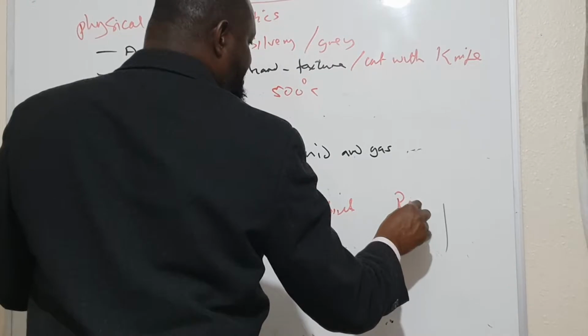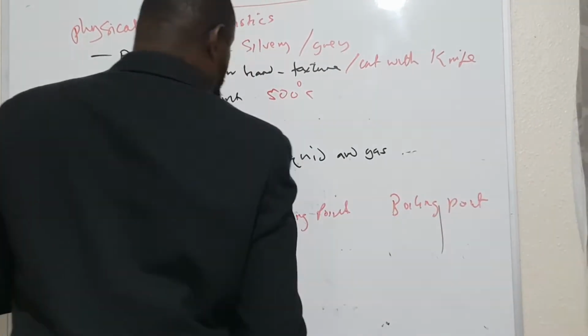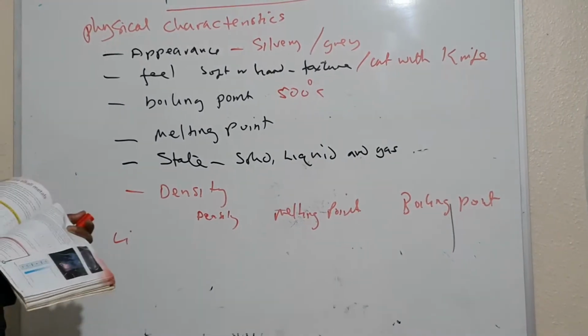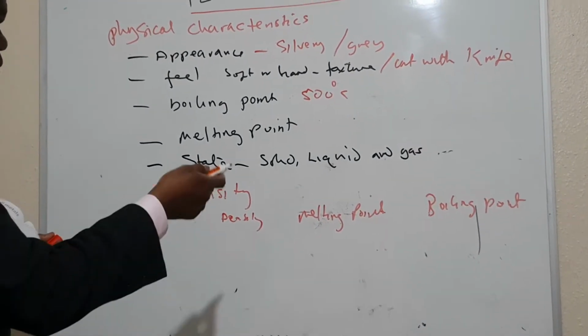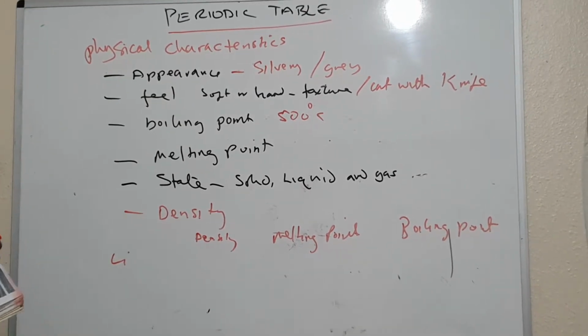What is melting point and boiling point? The melting point is the temperature at which it melts, if it's a solid. Boiling point is the point at which it boils.